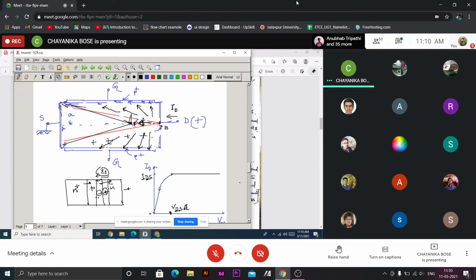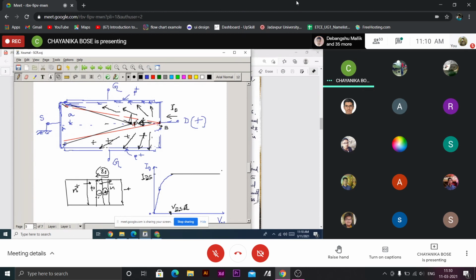So the resistance offered by this bar is now a function of X also, because the effective cross section of this channel reduces with increased drain bias due to increase of W(x). So the resistance offered by the channel itself is now a function of X. So it varies along the length of the channel.